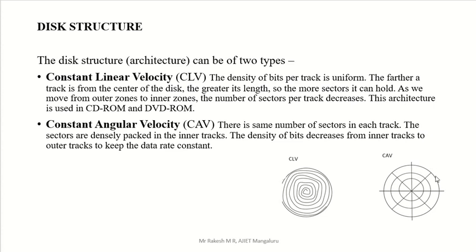Here, across the entire disk, we have the same number of sectors in each track. The sectors are densely packed in the inner track. The density of bits decreases from the inner track to the outer track to keep the data rate constant.